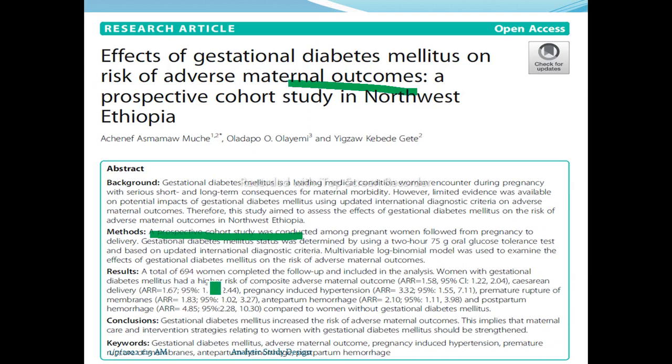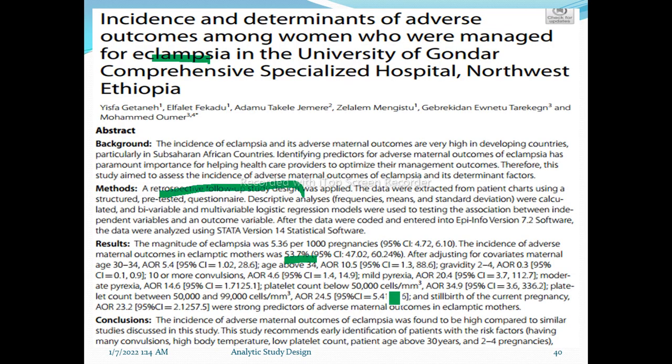Women with gestational diabetes had a high risk of composite adverse maternal outcome. They used adjusted relative risk. Individual mothers with and without gestational diabetes were followed, and their outcomes compared. Their measure of association is relative risk. This is an example of a prospective cohort. The previous one is an example of a retrospective cohort or retrospective follow-up study design.